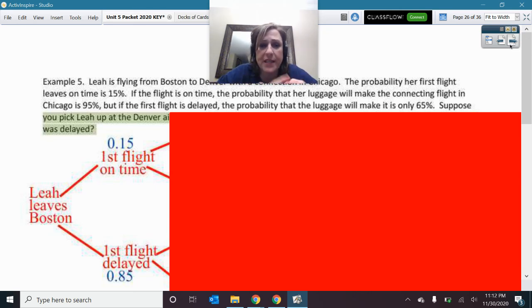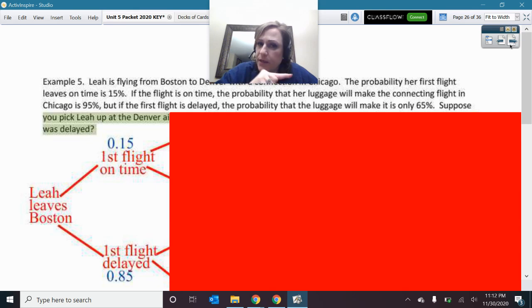When I started reading this, I thought, if the first flight's on time, then there are these conditional probabilities. If the first flight is delayed, then there are these probabilities. So if you have several conditional probabilities, that's when your brain should say, I should probably organize this as a tree diagram.